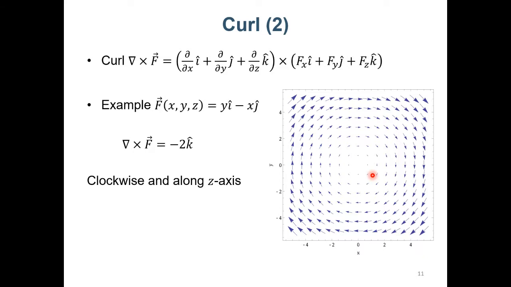Because this is x direction, right direction. So use the right hand rule. Z direction is outside the board, and it is rotating clockwise. So it is inside the board. So there's a negative sign.